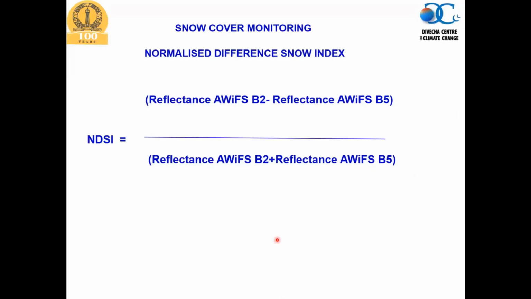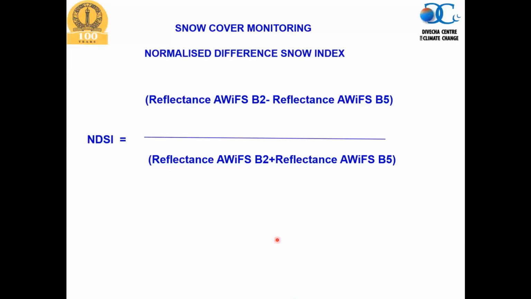we have looked into the spectral reflectance of the AWiFS sensor, band 2 and band 5, and we know that band 2 has a very high reflectance for snow and band 5 has very low reflectance. So you convert this into a normalized difference, and that is called the normalized difference snow index.